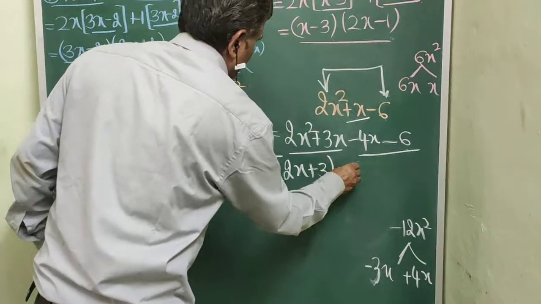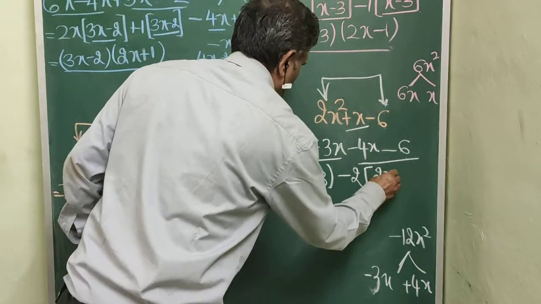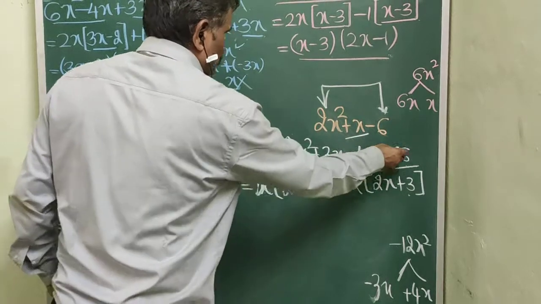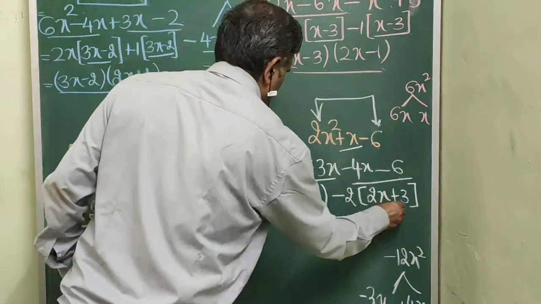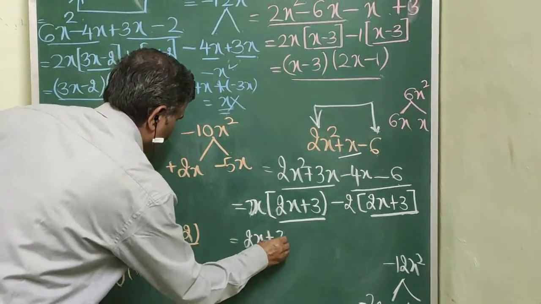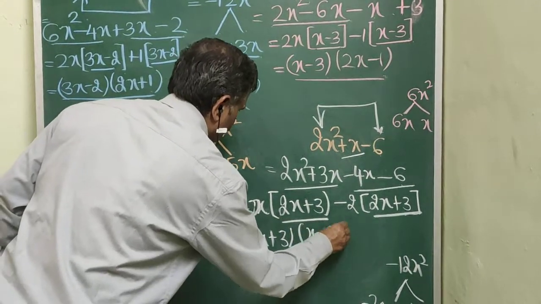Again, if I take minus 3 as common factor, then it will be 2x plus 1. So what remains in the bracket is again x minus ... the factor is 2x plus 1 times the other bracket.